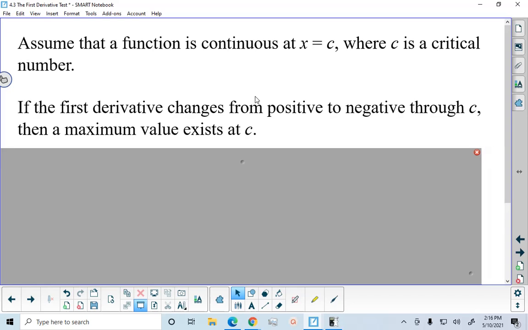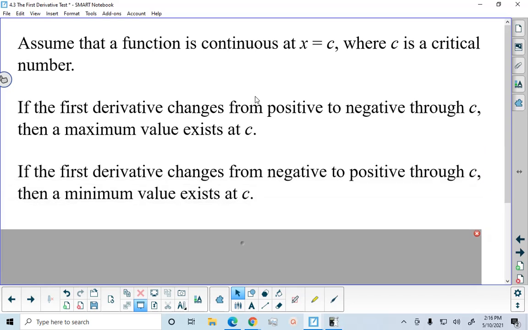Conversely, if the first derivative changes from being negative to positive as we go through point c, then a minimum value has to exist. So if you're going downhill because the derivative is negative, and then immediately after some point you're going uphill, then at that point you must have been at the bottom of a valley.